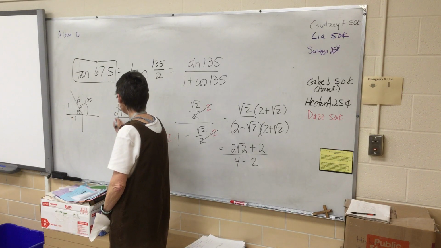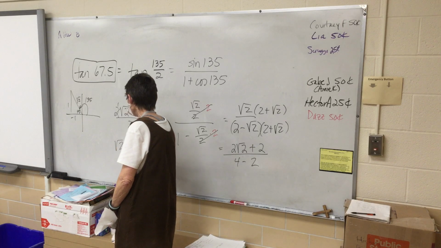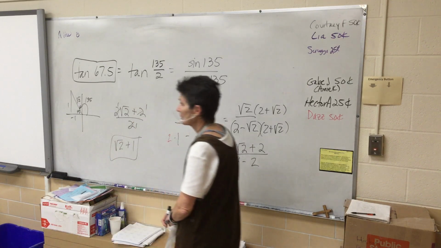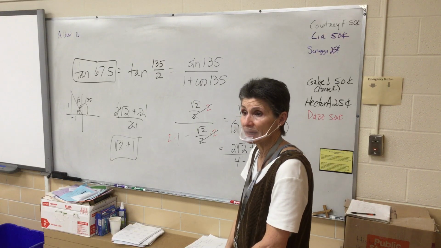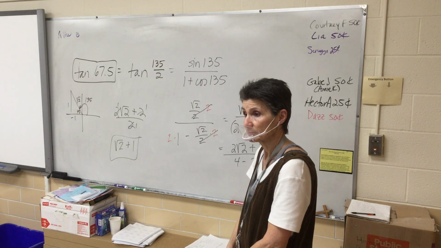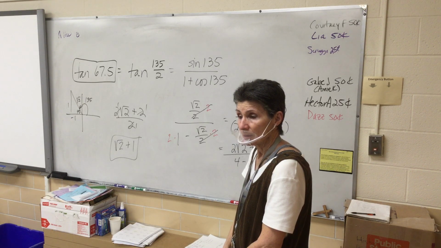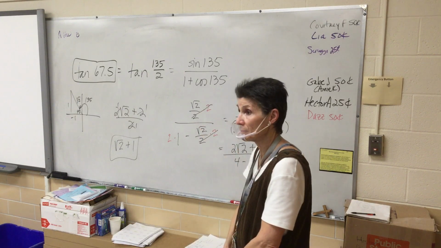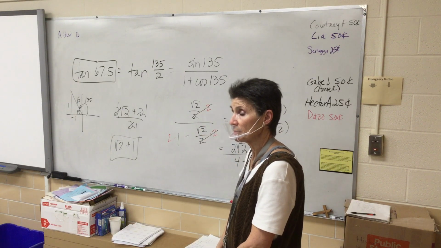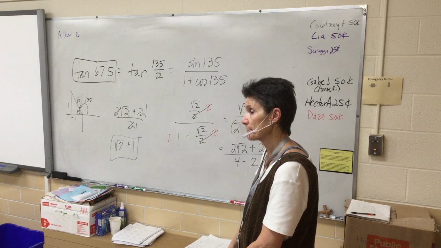Remember, when you cancel everything out, you've got to have a 1. That would be the tangent of 67 and a half. Okay, does anybody have a question about that? Everybody understand why we're using 135? Because 135 divided by 2 is how you get 67 and a half.